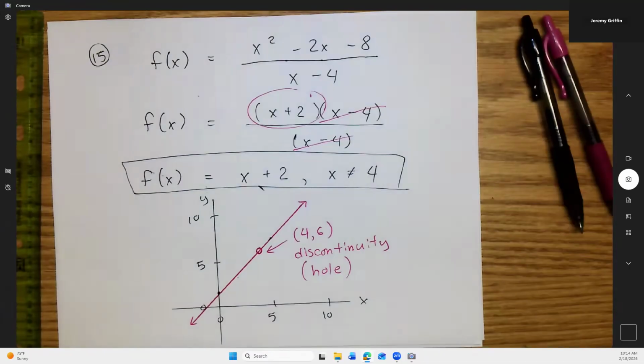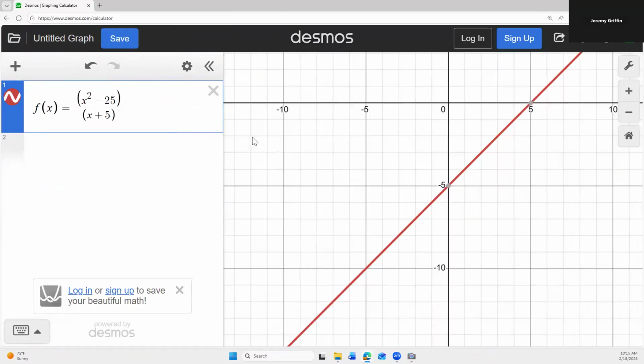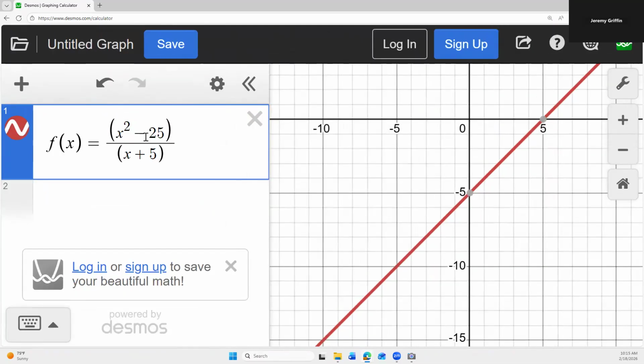Right. And then I'll back this up also with Desmos. So find the tab. Did I pick a different one? I did. Okay, well here, I'll show you guys this one, then I'll show you guys the one we just did. Guys, this is different. But do you guys see that the one I typed here, this is going to factor x plus 5, x minus 5, and I'll cancel out with this x plus 5. So it should be a discontinuity at negative 5.